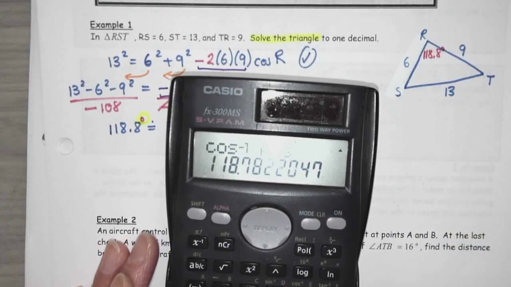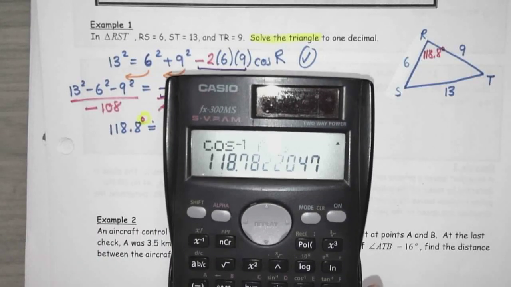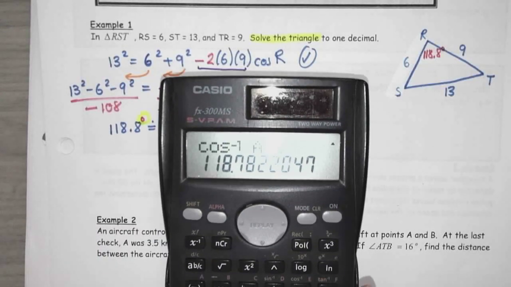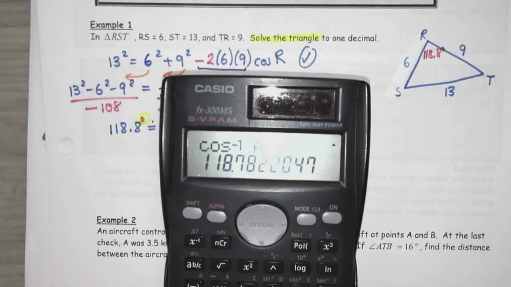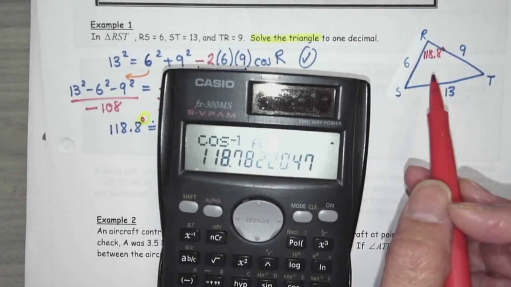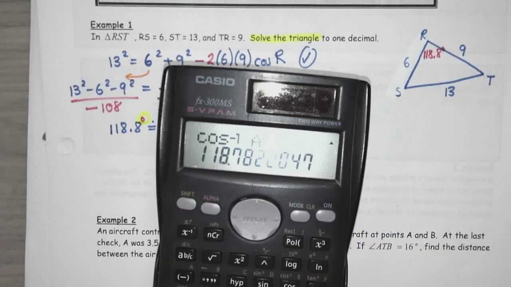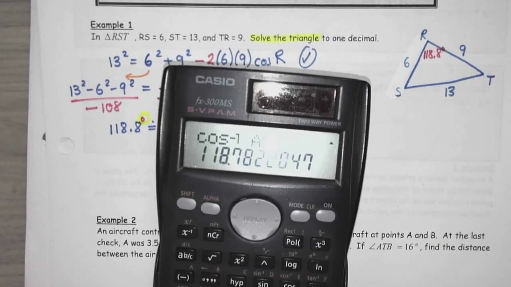Also, cosine law does not come up with the ambiguous case, and you'll see this when we do word problems. We talked about the ambiguous case last time. Sine law has the possibility, if you choose two sides that are not containing an angle, of creating an ambiguous case. Cosine law has no ambiguous case. There is one answer. So if I use all 3 sides, I'm only going to get one answer.